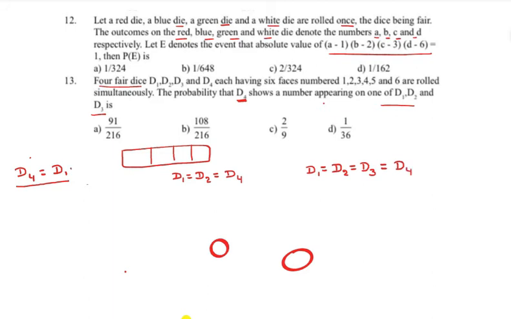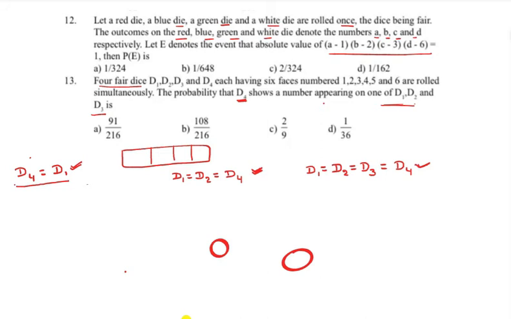That means here exactly 1 is coinciding, here exactly 2 members are coinciding with the D4, here exactly 3 members are coinciding with the D4. Here with the D4 only 1 member is coinciding, here with the D4 2 members are coinciding, here with the D4 all the 3 members are coinciding. He is saying D4 shows a number appearing on one of D1, D2, D3, right?